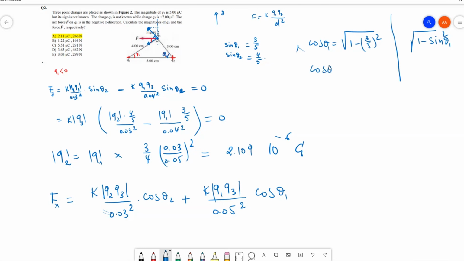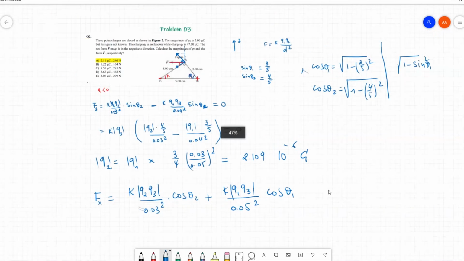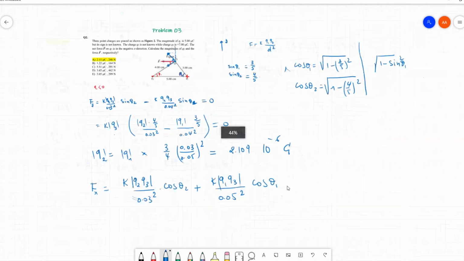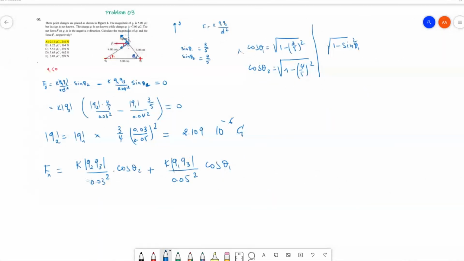Cosine theta 2, 1 minus 4 over 5 square. So you can get cosine theta 1 and theta 2 and replace. After that, you just replace. And if you replace, at the end, you will get the answer number 1. I will not do the calculation here because it is straightforward and it's just numerical application.